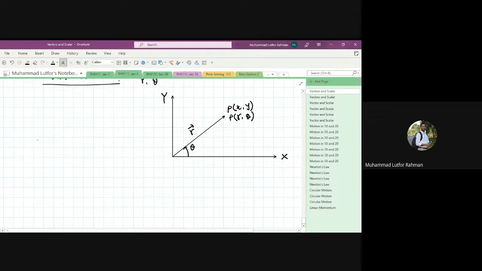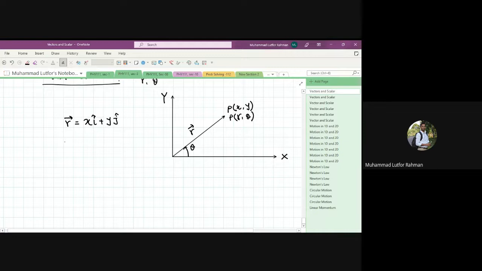Now we can make some relation from the Cartesian coordinate system to the polar coordinate system. We can represent this vector r in Cartesian coordinates as x i hat plus y j hat, right? Using the vector triangle law, that's the thing we discussed in the previous classes.